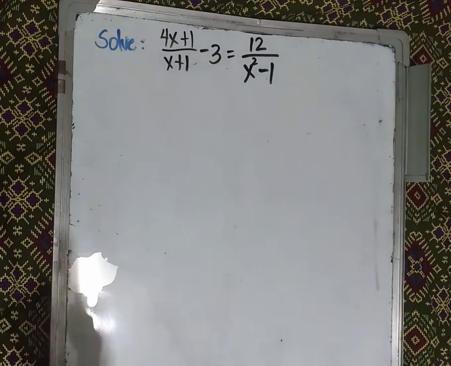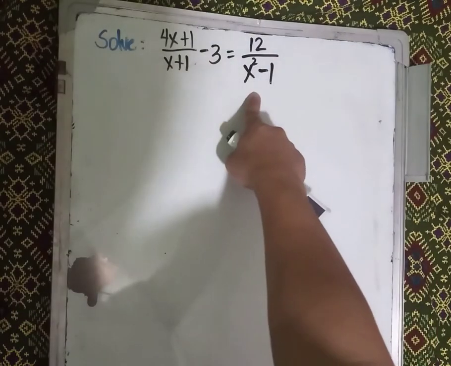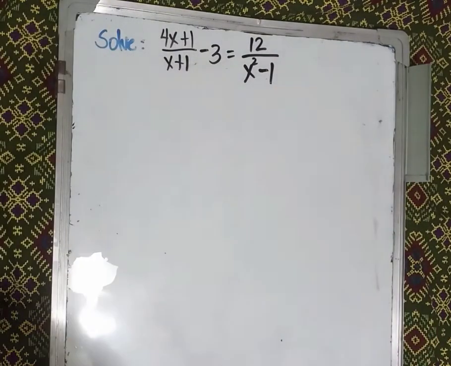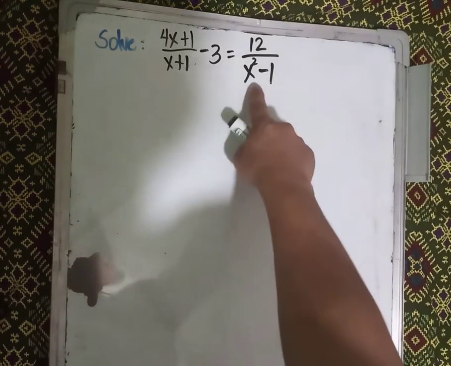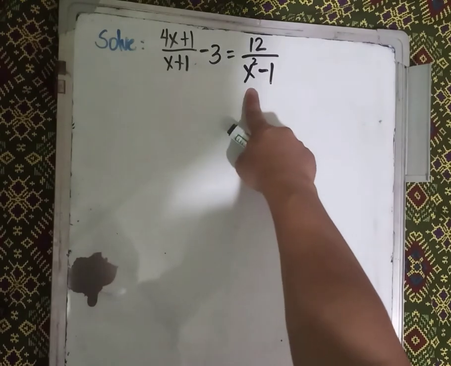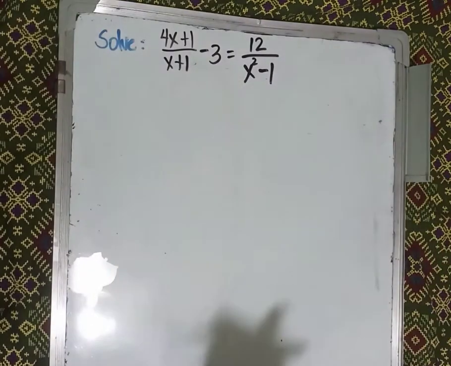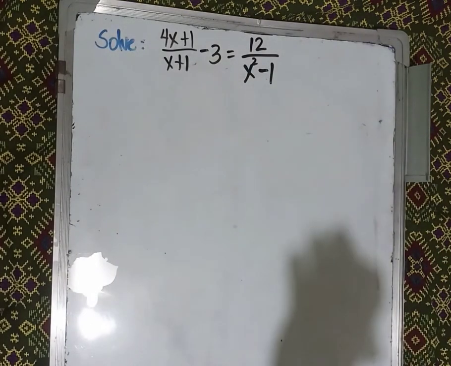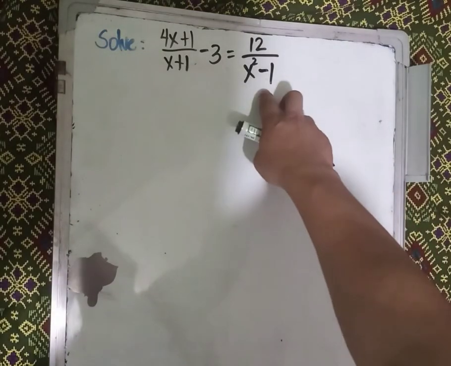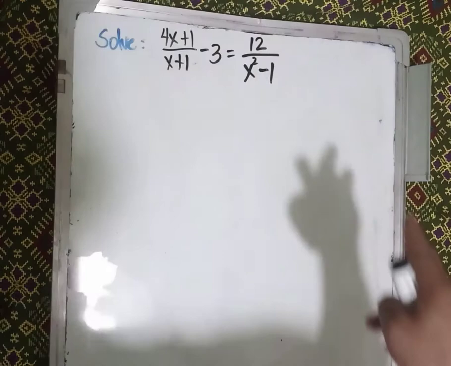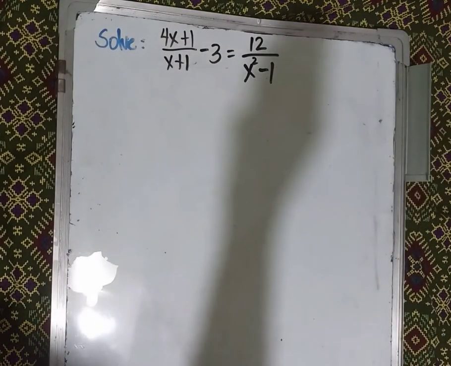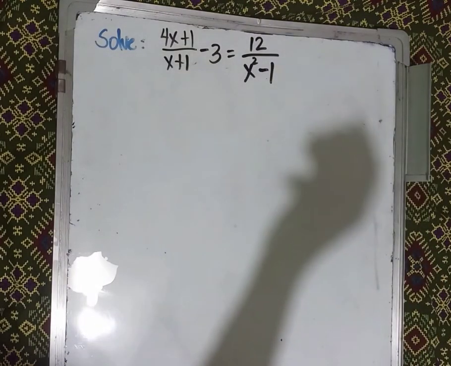Write that in a factored form. So what is the factored form in that given equation? Denominator natin, tingnan natin. X plus 1, it is already factored. How about this one? X squared minus 1. Hanapin natin yung factor nya. So what are the two numbers that if you multiply, the result is negative 1, and if you add the two numbers, the result is 0? Okay, very good.